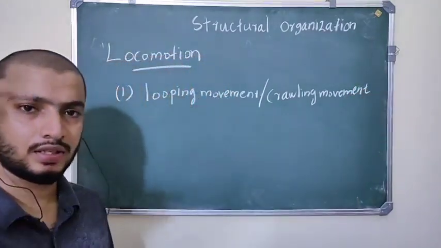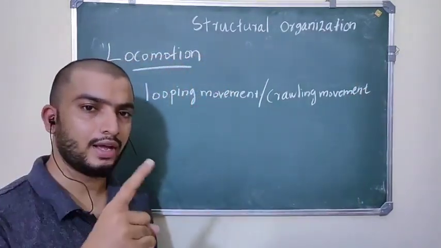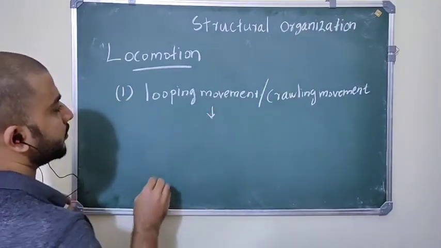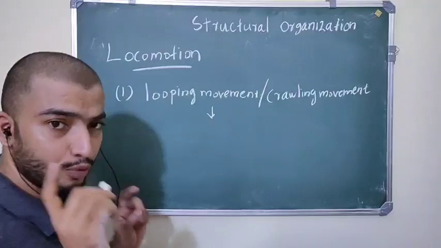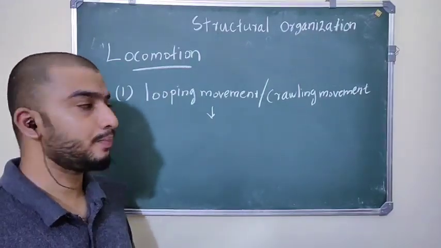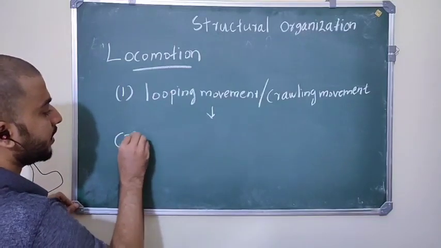So like this, they move with a crawling or looping movement. For this movement, the anterior and posterior sucker have to attach on the surface. The next movement is swimming movement.